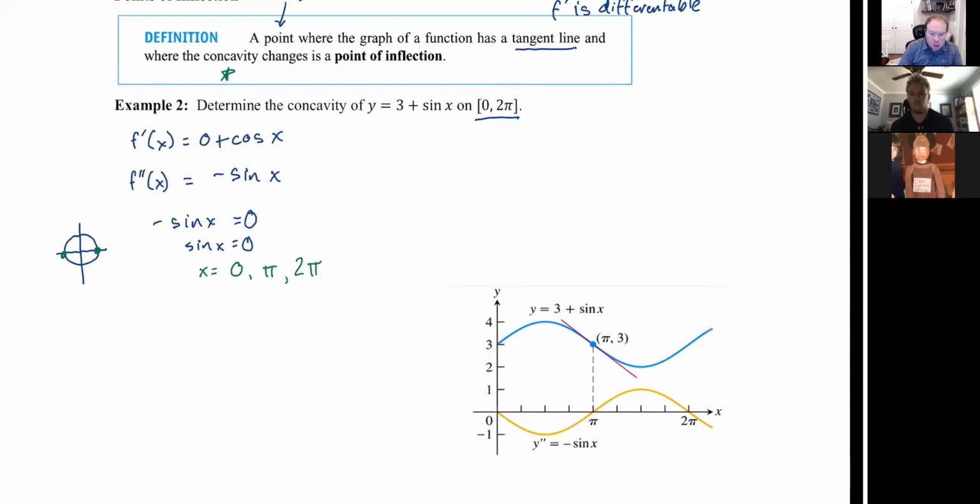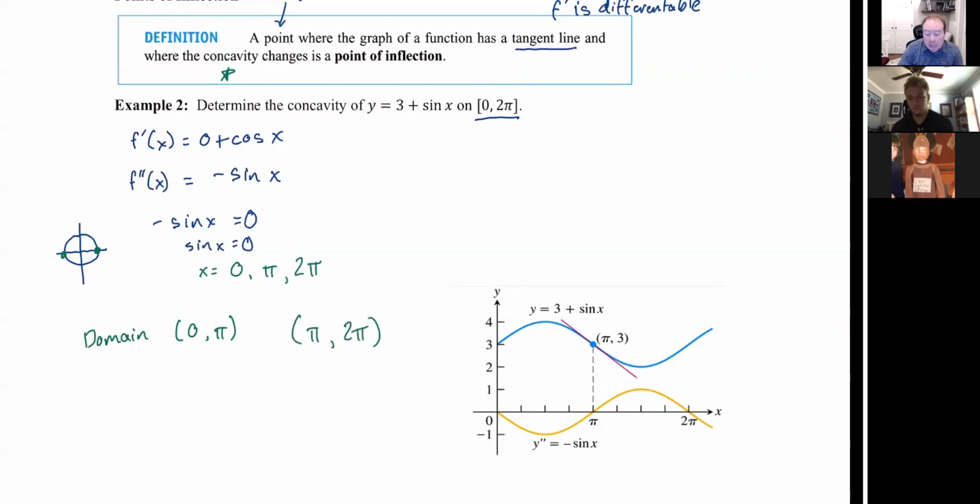If we're asked to determine the concavity, we're going to set up our domain and put it into 2 pieces, because we have 3 possible points where the concavity could change. We'll look at from 0 to pi, and then we'll also look from pi to 2 pi.